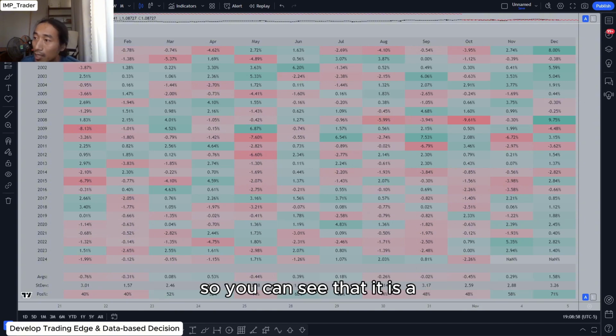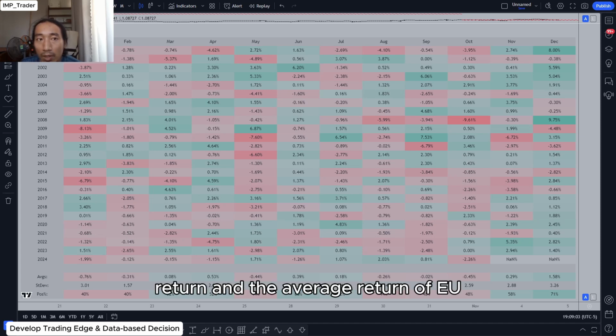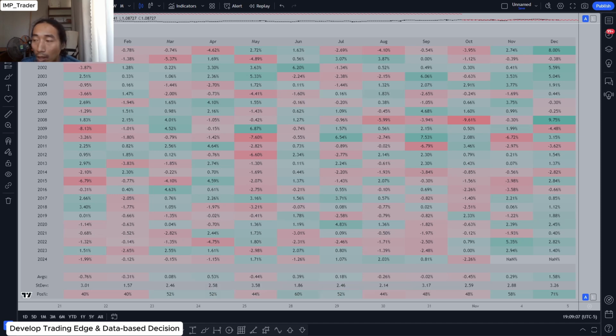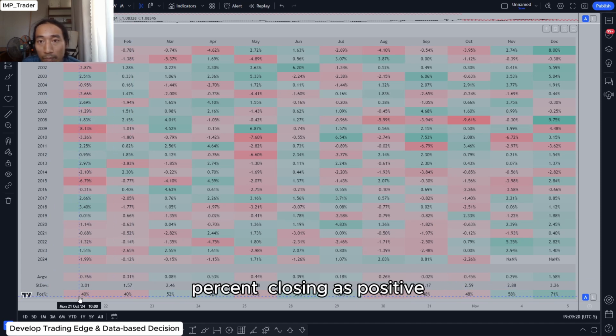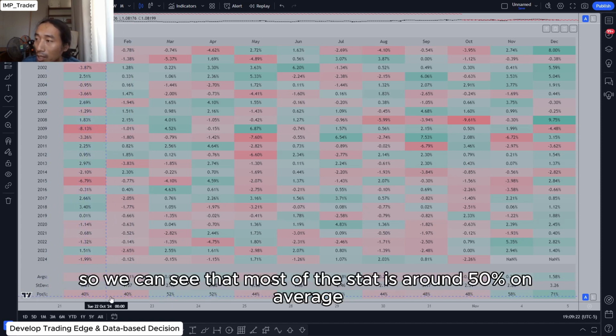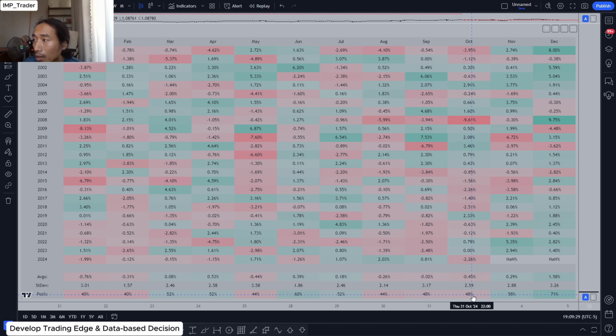So you can see the return and the average return of euro against USD. If you notice the last line right here, you can think of it in terms of percent of closing positive. We can see that most of them are around 50% on average.